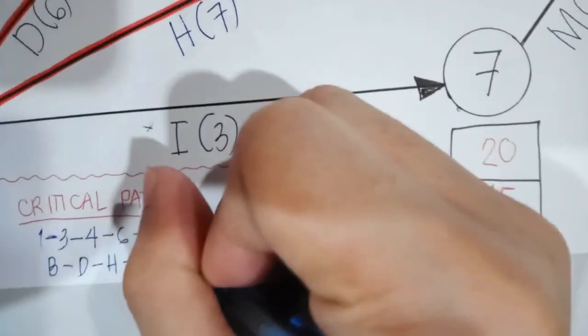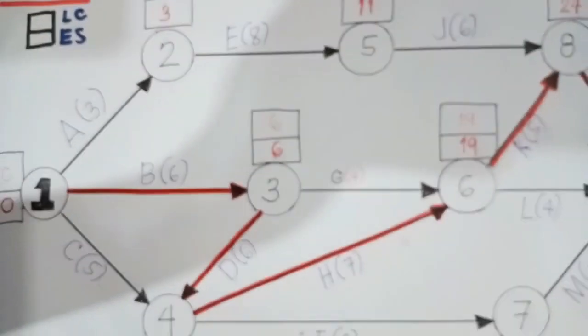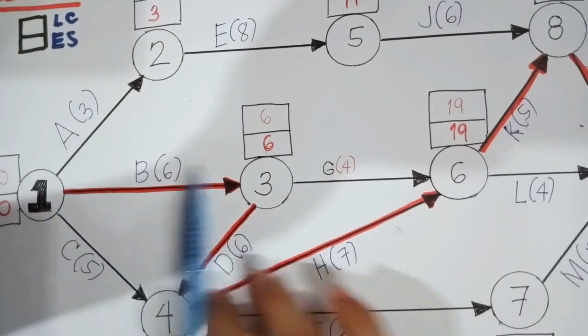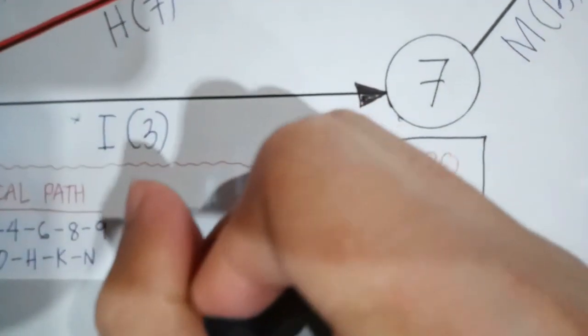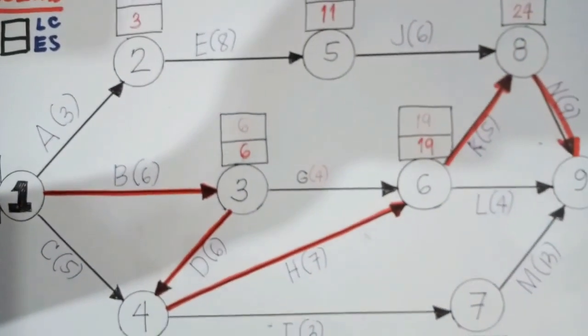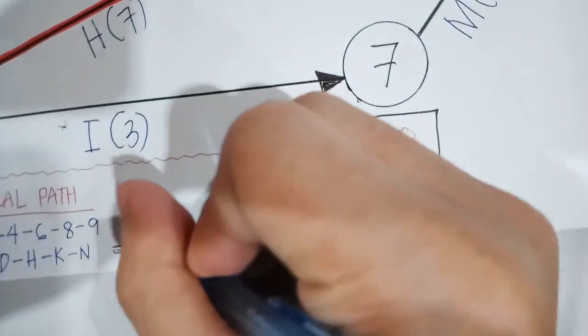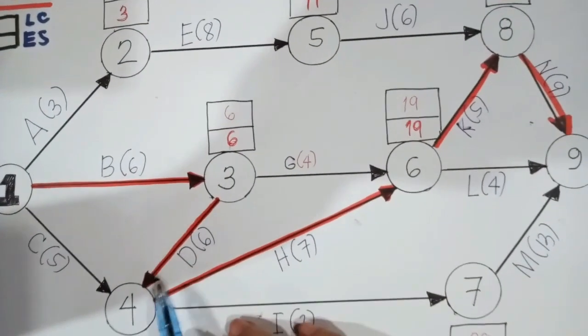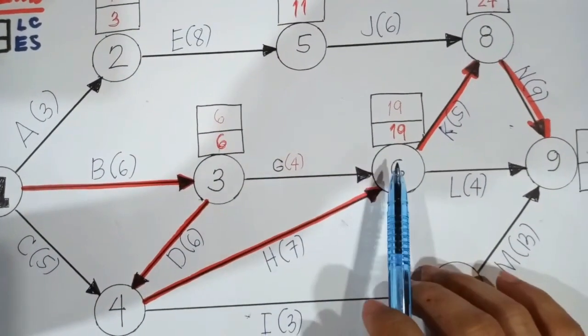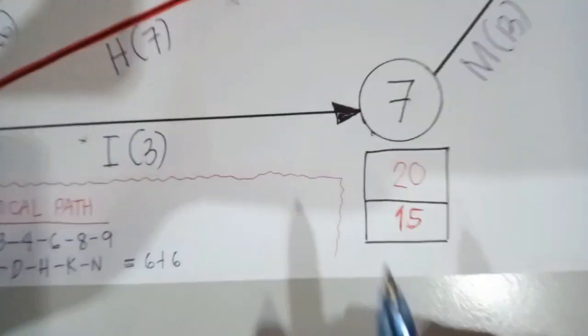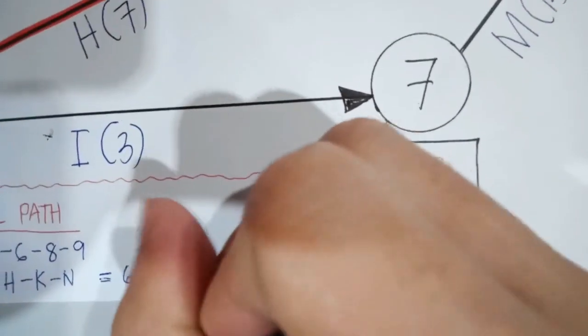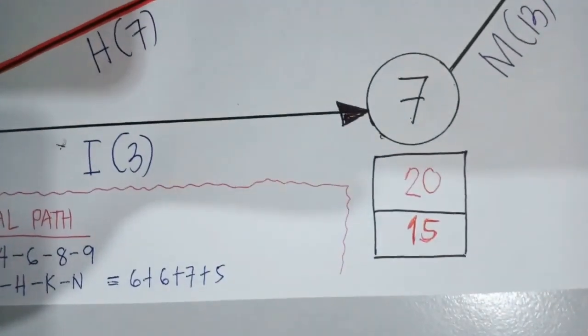Let's indicate the durations. From 1 to 3, you have 6 weeks, so 6 plus, from 3 to 4, you have 6 weeks, so plus 6. And from 4 to 6, you have 7, and 6 to 8, you have 5, so plus 7 plus 5.